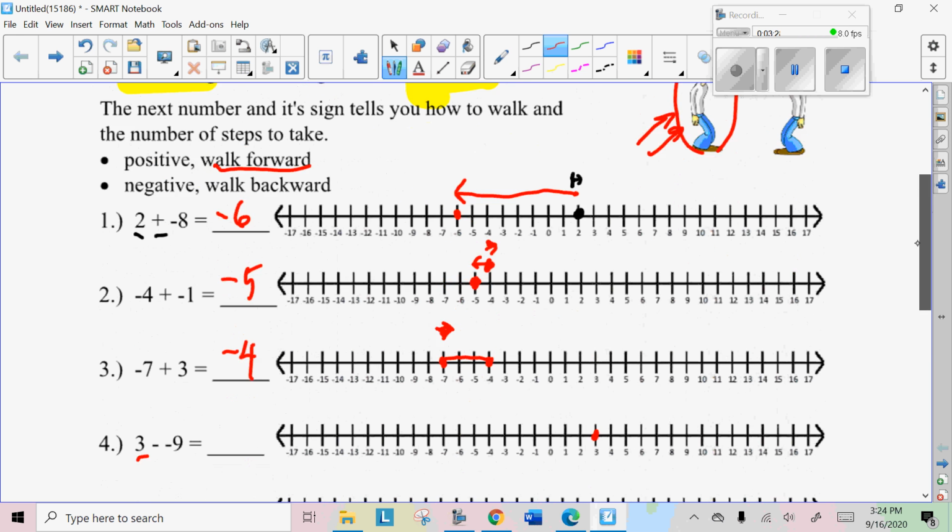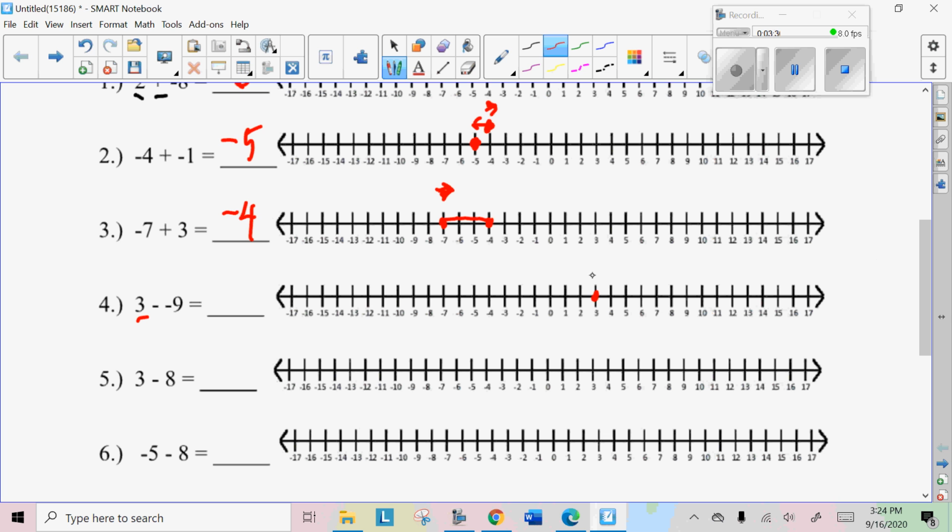I'll just put an arrow that way I'm facing. Put my nose that way. And then it's a -9, which means I'm going to walk backwards 9 units. Well, if I'm facing this way, then backwards is this way 9 units. So I end up going to 12.